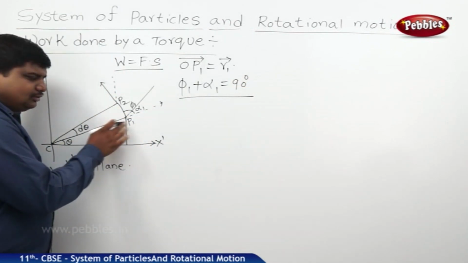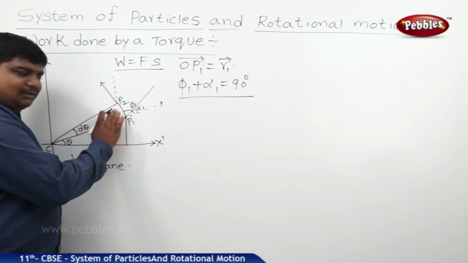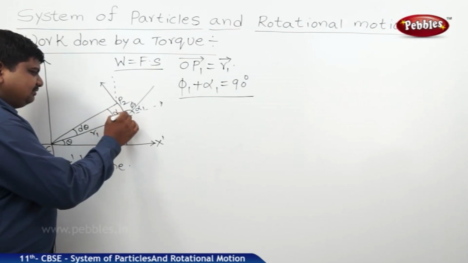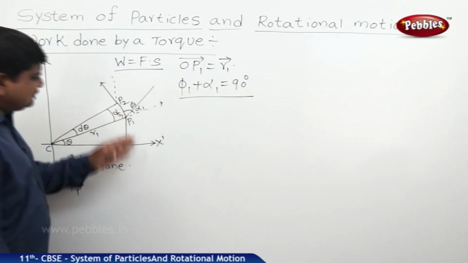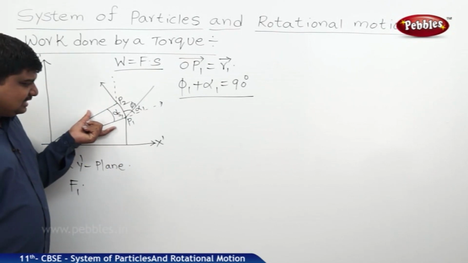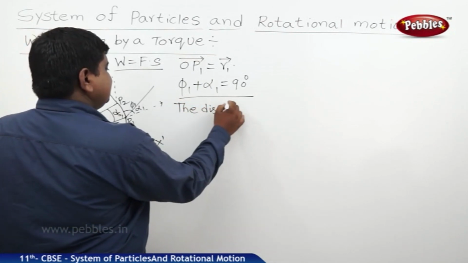Whenever the body was shifted from P1 to P2, the displacement is, let us say, ds1, because it is a very small displacement. The total displacement, let us say, is S, but the displacement between the positions P1 and P2 is ds1.